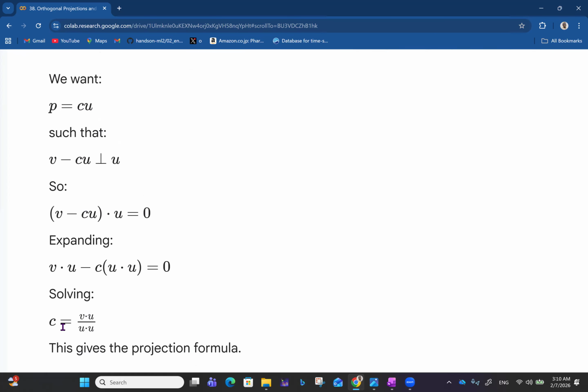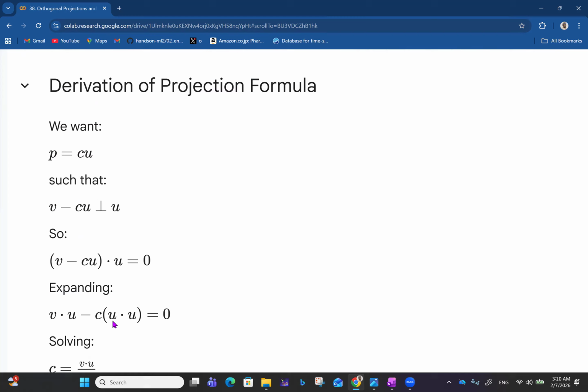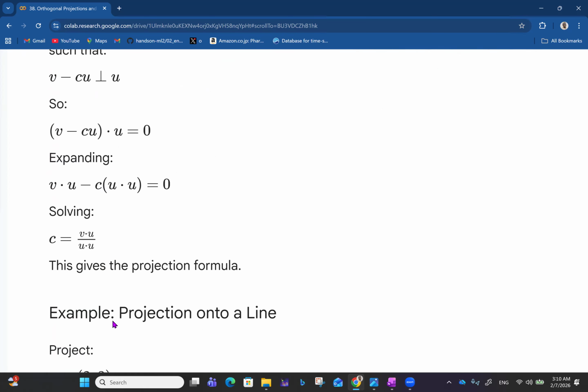If we solve for C, we can transfer C to the other side, so we have V dot U equals C times U dot U. At the end of the day, C is equal to V dot U all over U dot U. Now, this gives the projection formula. In addition to this, we just multiply it by the vector U to make sure it is in that U direction still. So that's the derivation of the projection formula.